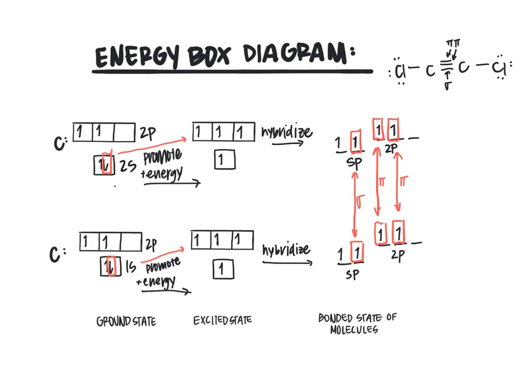So that's what creates the triple bond. And the bonds between the carbon and the chlorines both are sigma bonds. These bonds are between the electrons on the chlorine 3p orbitals and the sp orbital of the carbon. That's what creates the sigma bonds between the chlorine and the carbons.